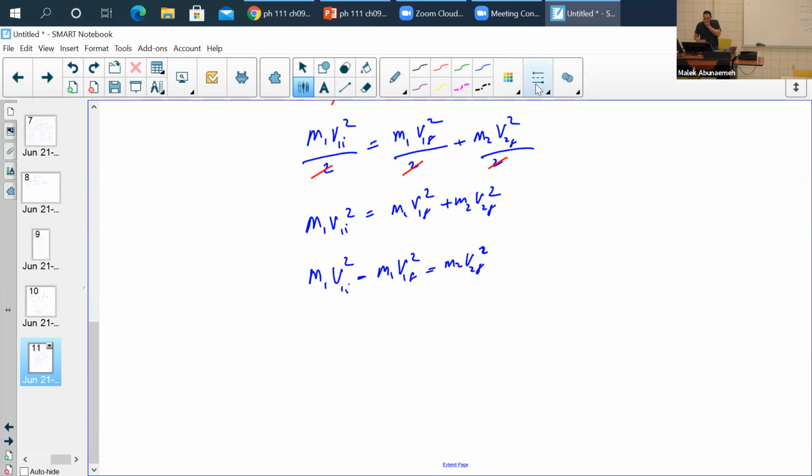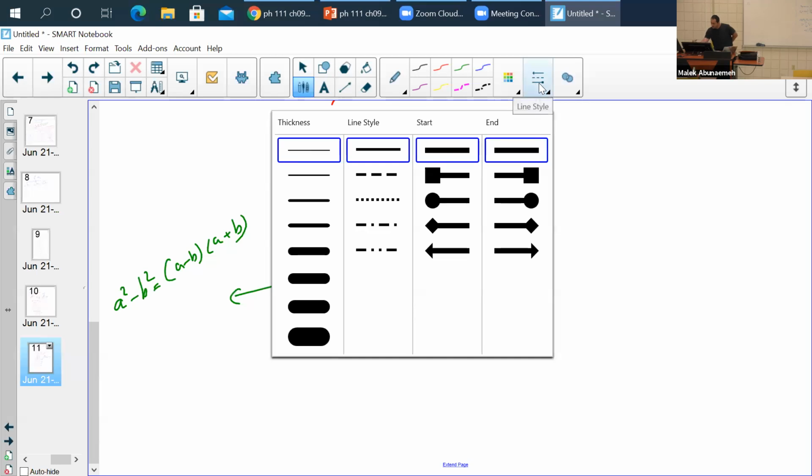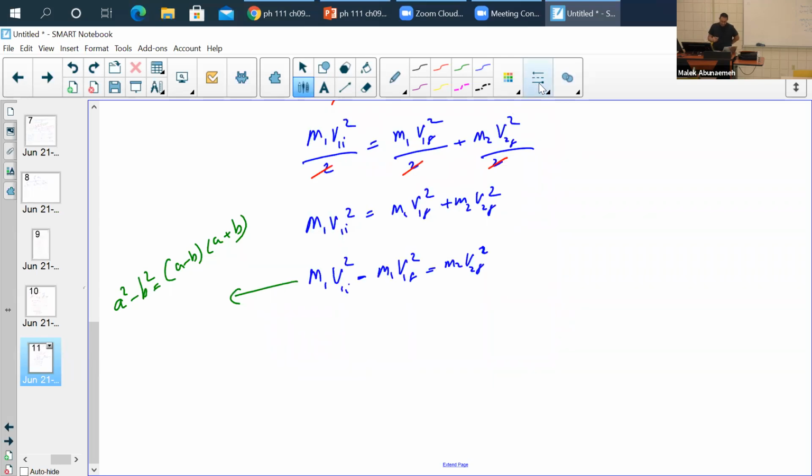Now, we have a property that says if you have A square minus B square, it is going to equal A minus B multiplied by A plus B. Well, let's consider this as A squared and this as B squared. And let's take the M out. So let me actually organize this. You take M1 out, what are you going to have?